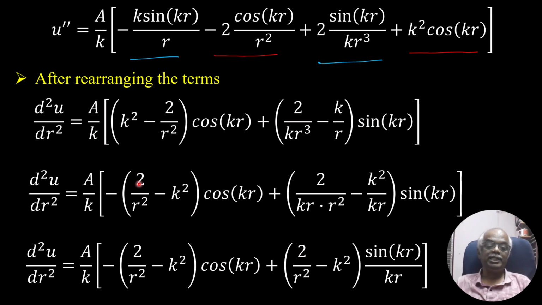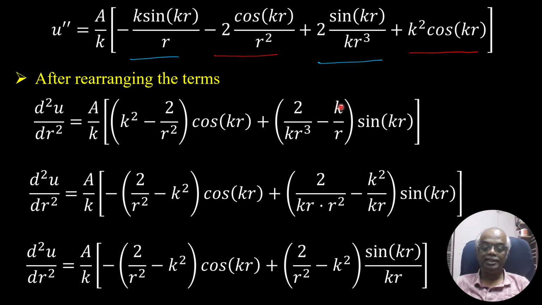Now what I'm going to do is take a negative sign outside this bracket in the first term. So naturally this will become minus 2 over r squared minus k squared. And in this one I'm going to take 2 over kr multiplied by r squared, that is, r cube I am writing as r into r squared.